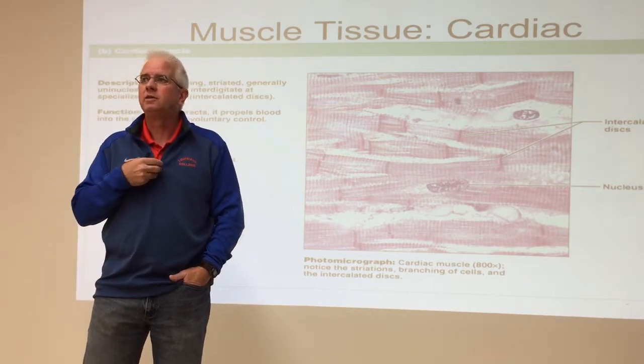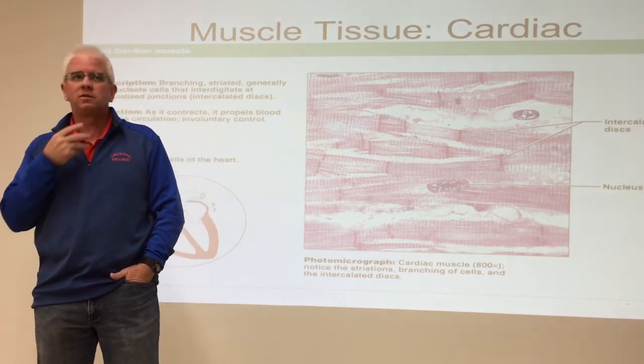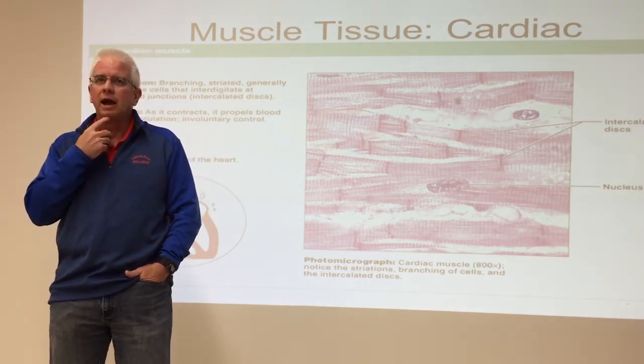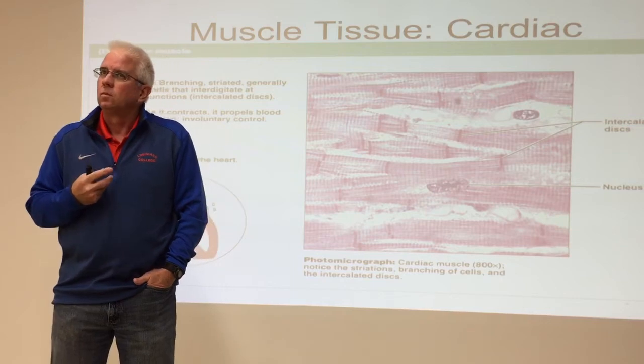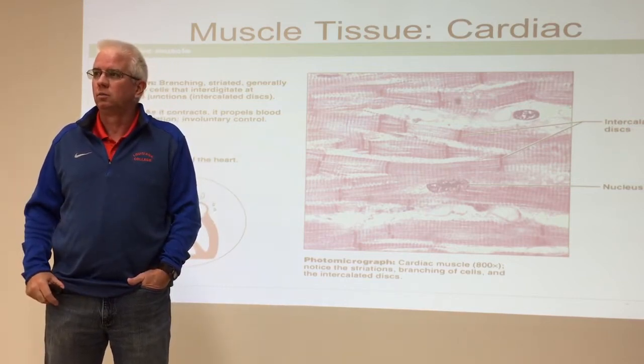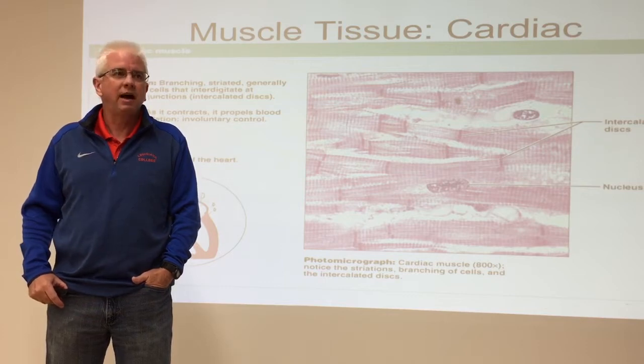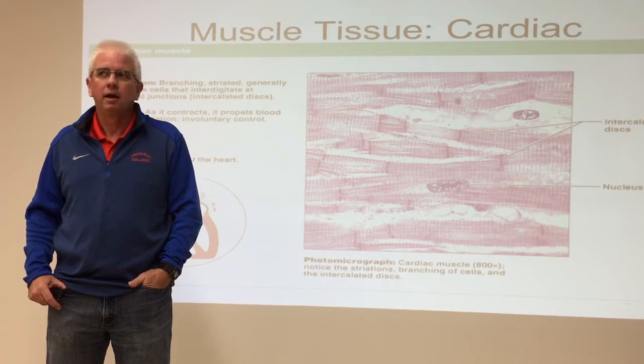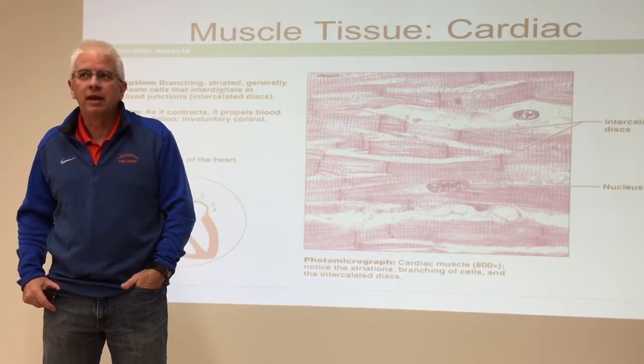So, in my description of the tight junctions before, see if you remember some of this, I said, anywhere in the human body where you have something hollow, the inside of it, the lining of it is going to be what? Epithelial.